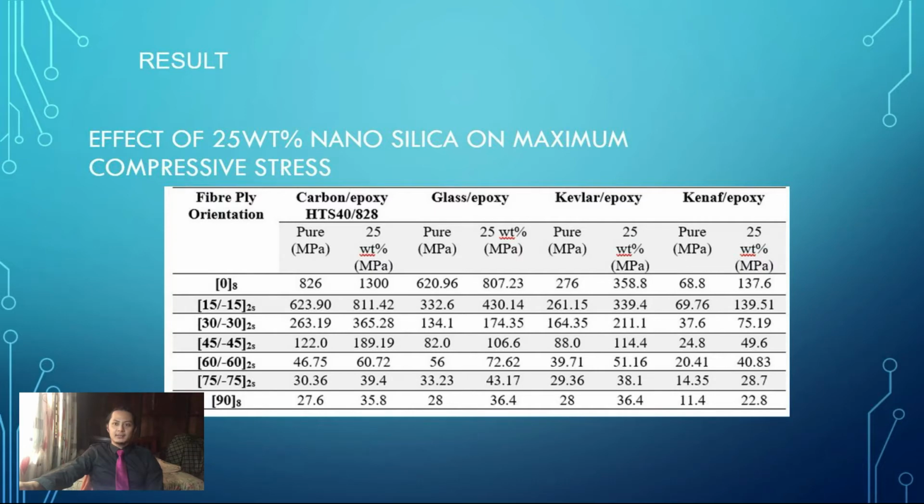This is the maximum compressive stress that is tabulated in table. We run the ANSYS software to get this experimental data. As shown, the highest stress is at 0 degree because it is parallel to the fiber layout.